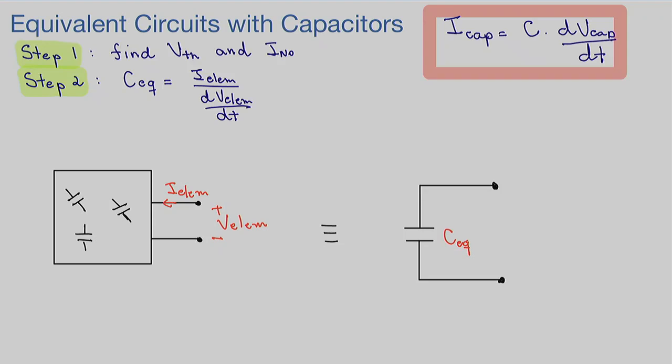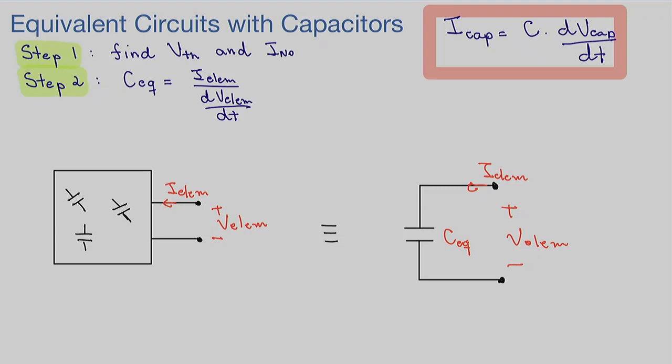The equivalent circuit for this would be an equivalent capacitor that will have an I element and a voltage V element across it. So this is where we want to arrive, right? We want to get from an unknown, complicated, or not necessarily complicated, circuit to one where we can model the behavior as one capacitor, the equivalent capacitor. So far, so good. Just refreshing what we have done for resistors.